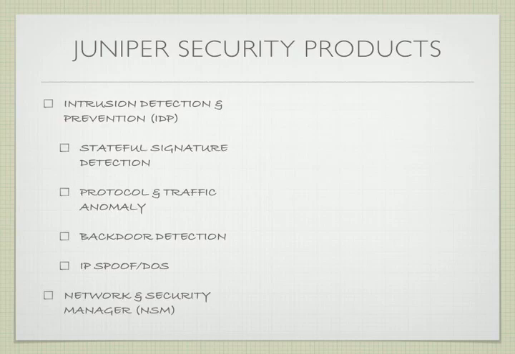Network and Security Manager is available as either an appliance or installable software on Red Hat Enterprise Linux in order to manage the ScreenOS devices and the IDP and other security devices. And the SSL VPN provides a more robust remote access solution.